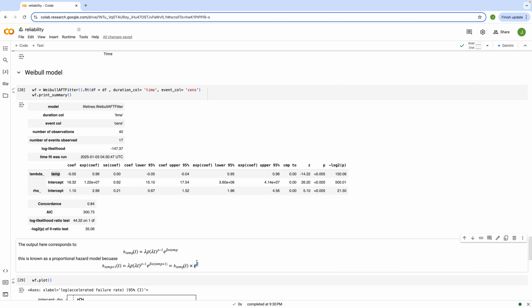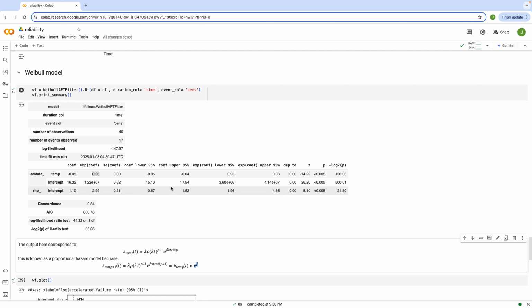This formula is always true, and we can see that the coefficient is estimated to be 0.05. When we exponentiate the coefficient, it becomes 0.96, meaning that a 1 unit increase in temperature decreases the hazard by 4%.